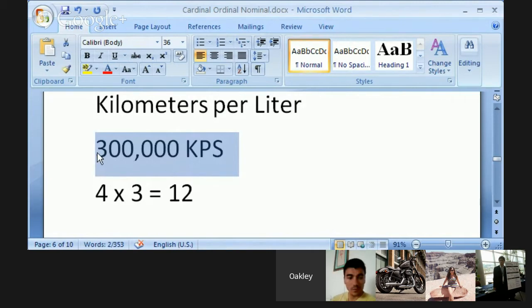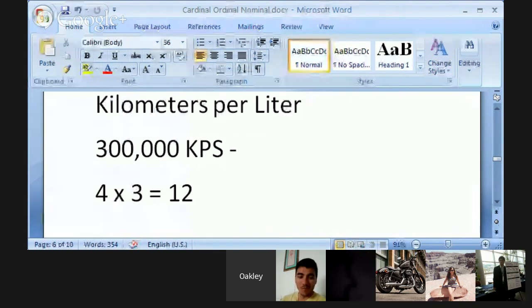Mehmet, what the heck is this? 300,000 kps. Kilometers. No, it doesn't make sense, I guess. Sure does. Hmm? Sure it does. Okay, I'll write it another way.